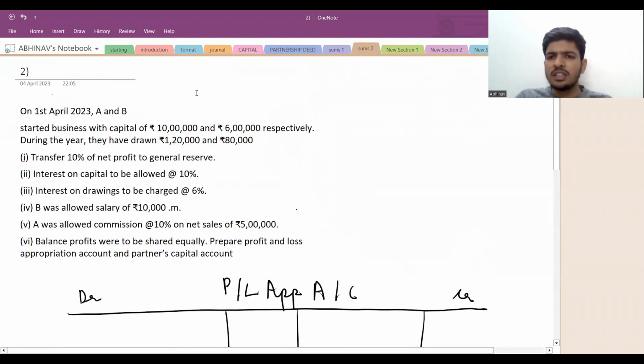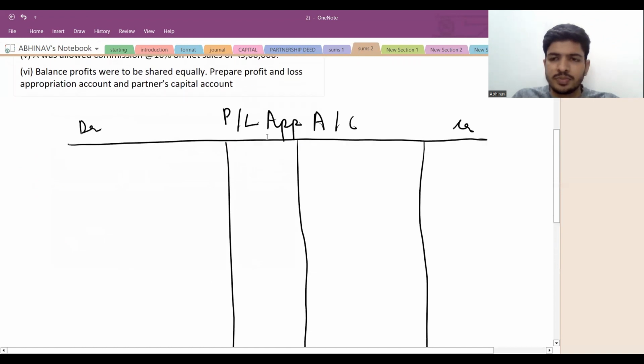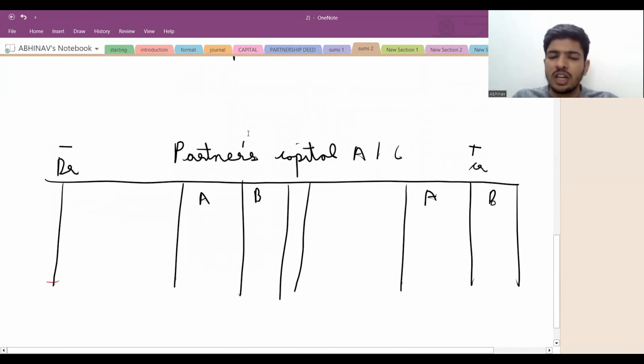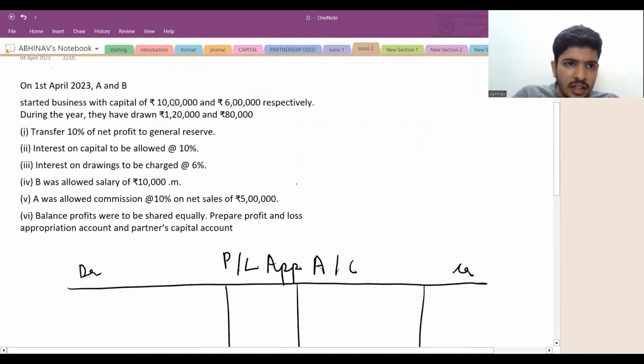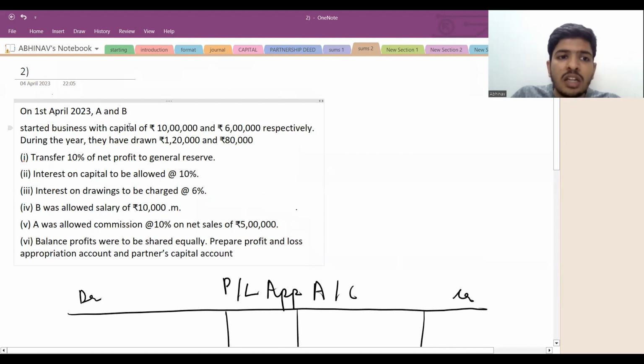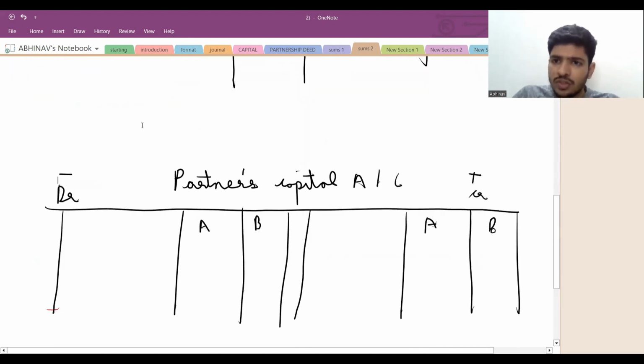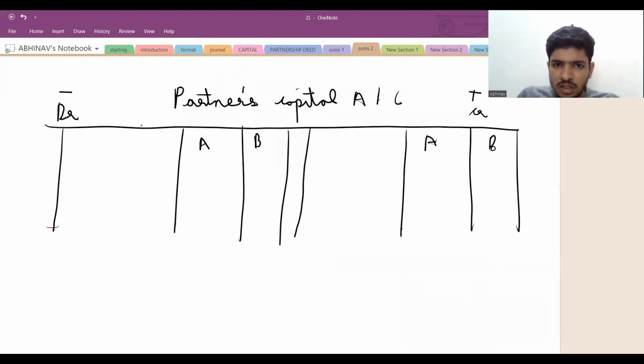Now, let's start. On 1st April 2023, A and B started business with capital of 10 lakh and 6 lakh. Correct? So what will be the first entry? Since they started the business on 1st April, there'll be no balance carried forward from last year.